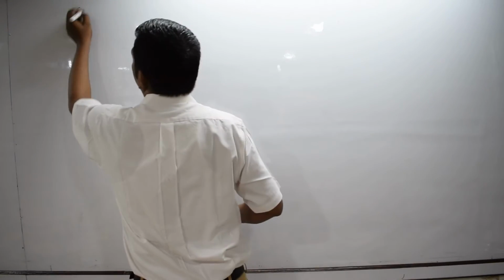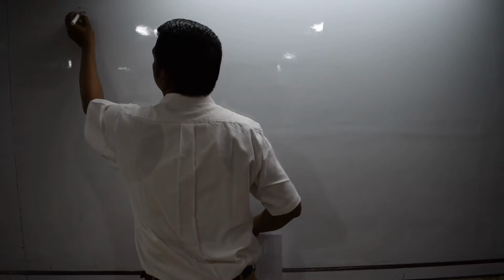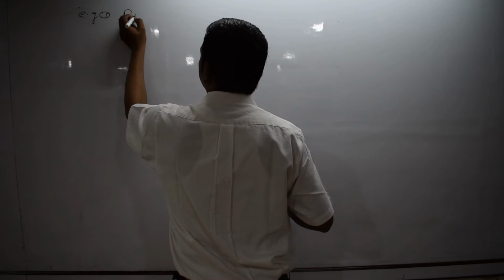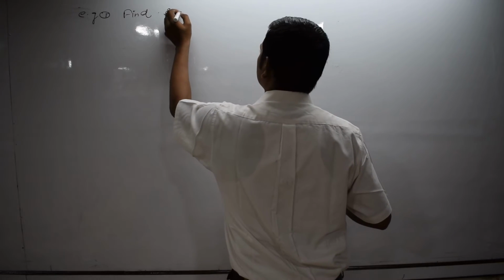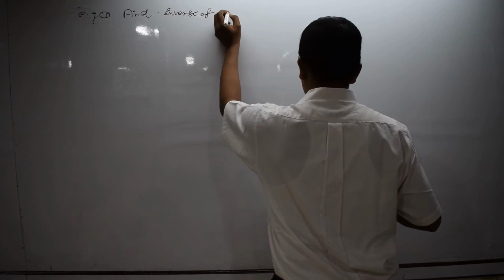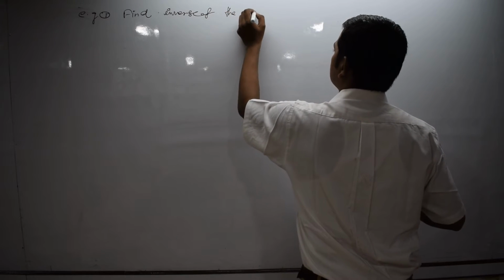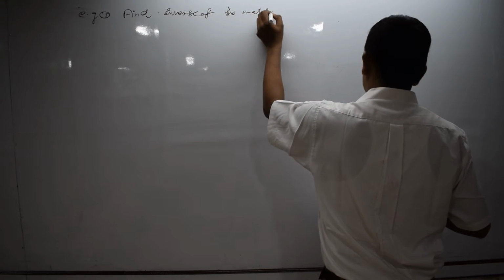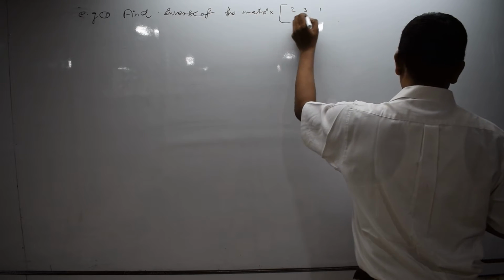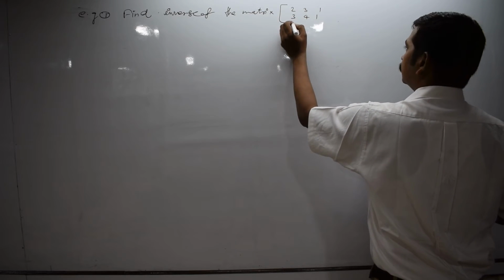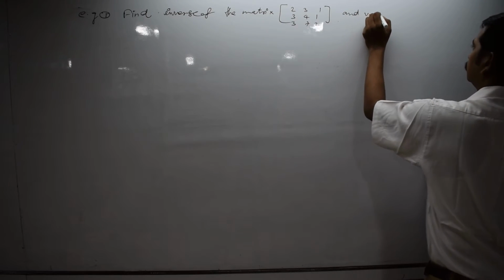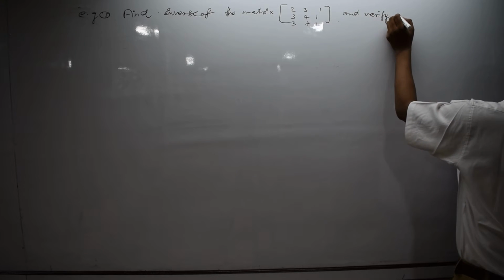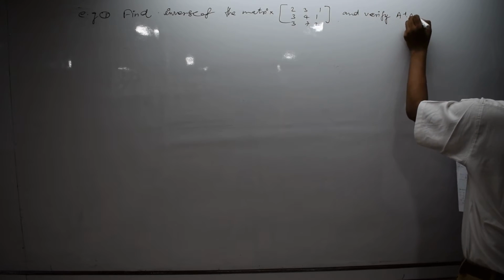For example, we take a question like this: find the inverse of the matrix 2 3 1, 3 4 1, 3 7 2, and verify that A inverse A equals I3.